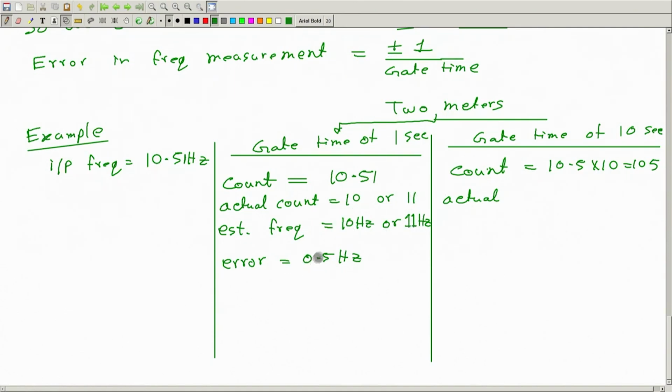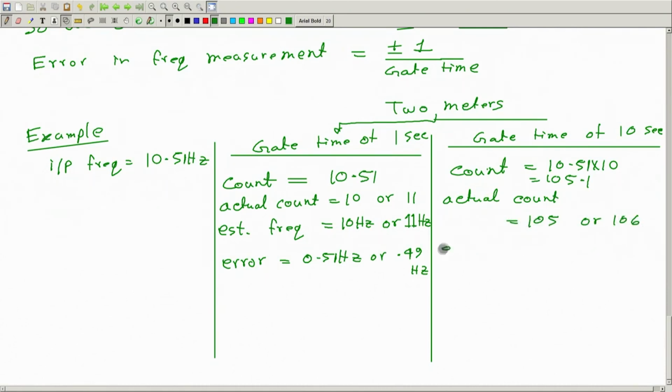So, the error will be 0.51 hertz or 0.49 hertz. In this case, the count should be 105.1, but the actual count will be equal to 105 or 106.